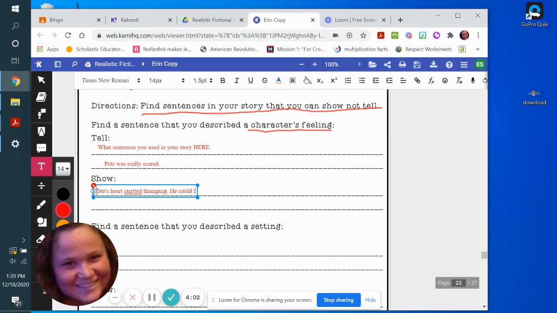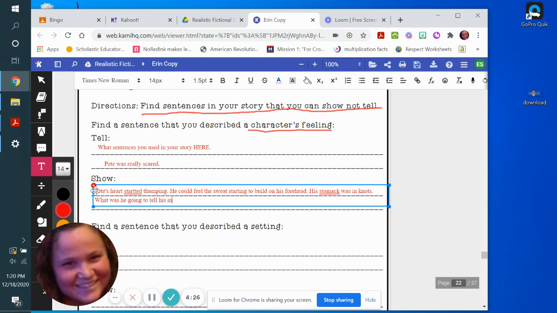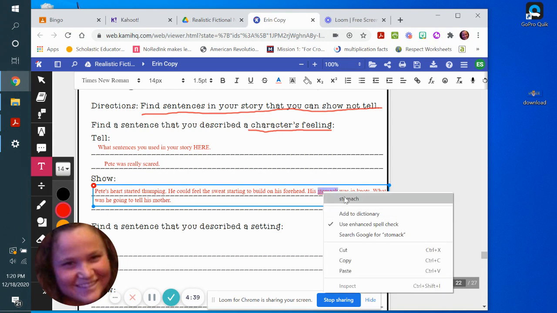He could feel the sweat starting to build on his forehead. His stomach was in knots. What was he going to tell his mother? In my sentence, I never actually say that he's scared. Instead, I show my reader through how he's feeling that he's scared. I'm describing that.